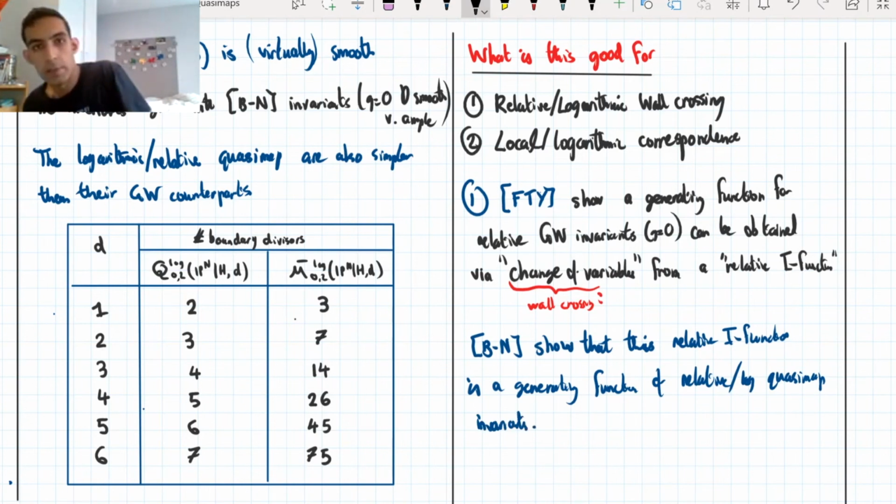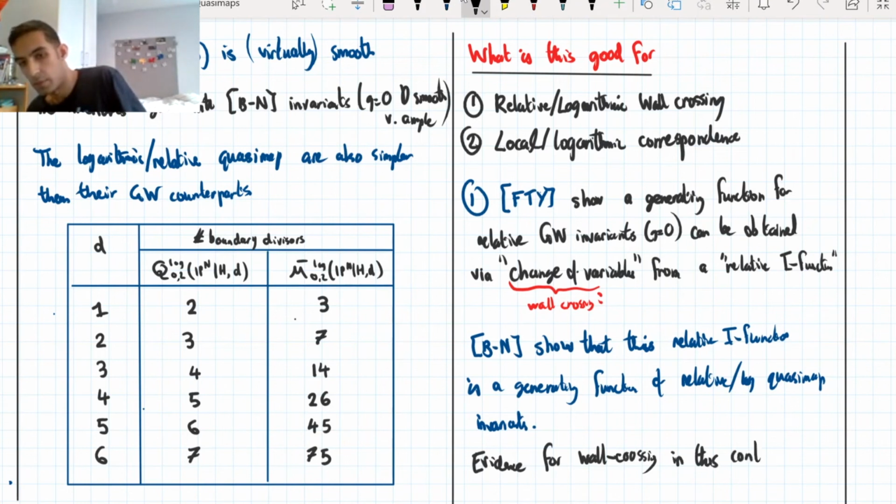And so this is supposed to be evidence, or maybe hints at evidence, for wall crossing in more generality in this context.